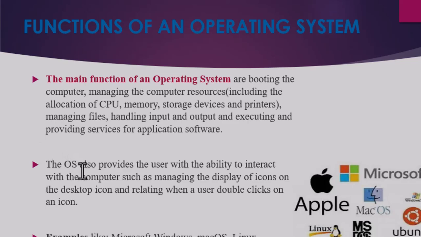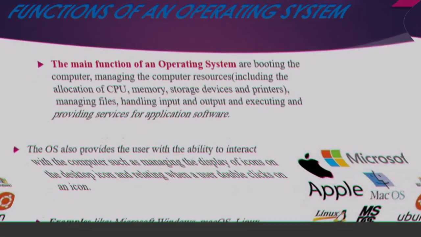The OS also provides the user with the ability to interact with the computer, such as managing the display of icons on the desktop and reacting when a user double clicks on an icon. Examples are macOS, Microsoft Windows, Linux, Android, and iOS. All of them are examples of the OS.